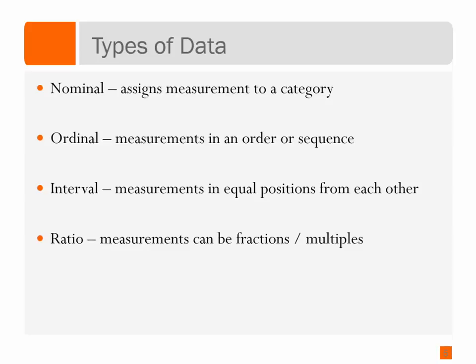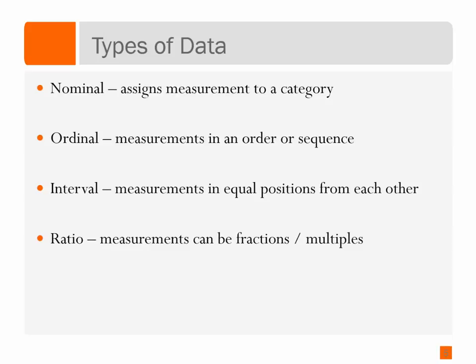Might be several different labels or tags that we assign that would be known as nominal data. We also have ordinal data. So with ordinal data, measurements are organized in an order or a sequence, just like it sounds, ordinal order. So they are organized in a sequence.